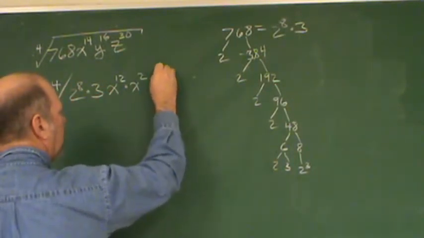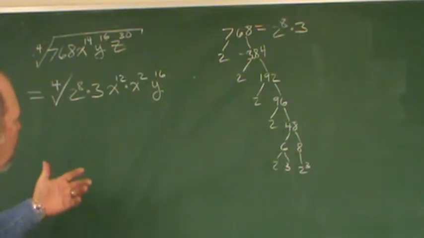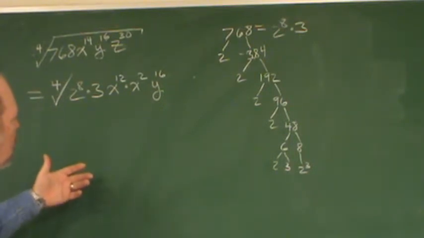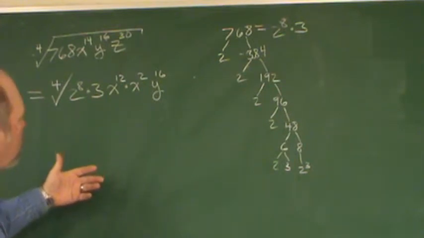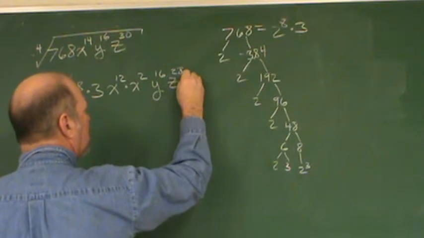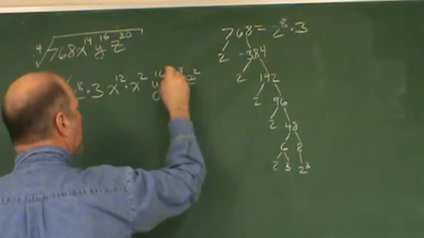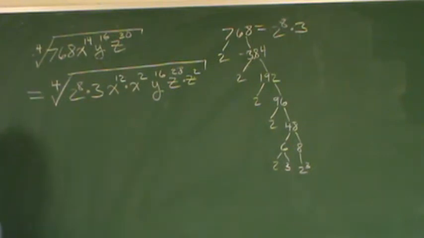So I just rewrite y to the 16th. 30, do the same trick I used with the x. 30, the biggest thing I can get in there that I can divide by 4 is 28. So I'm going to write z to the 28th times z squared. That's still z to the 30th, just like this is still x to the 14th. We're just writing it a little bit easier to see.